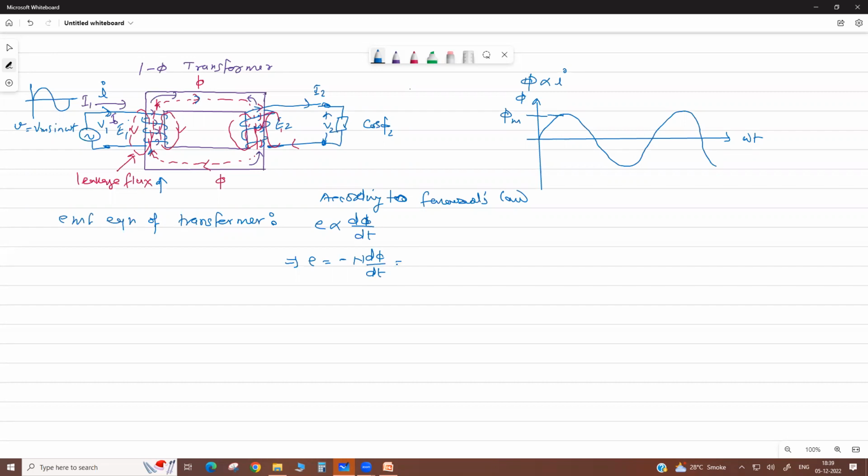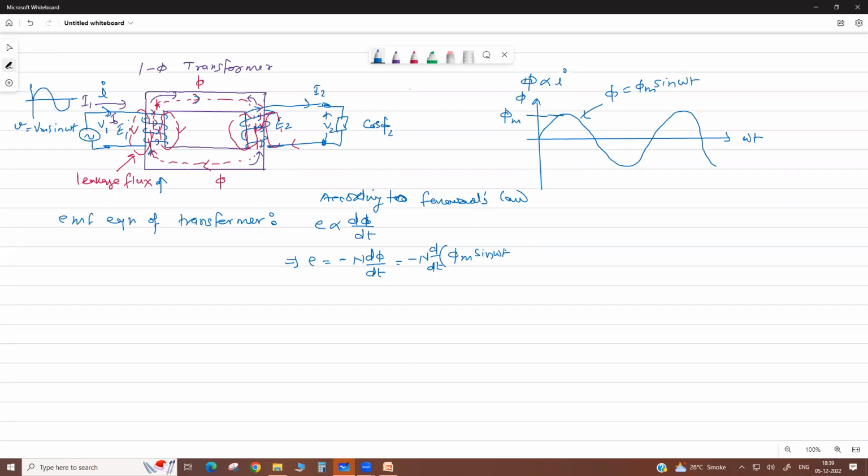Now we put the value of phi here: phi equals phi m sin omega t, because this is sinusoidal.